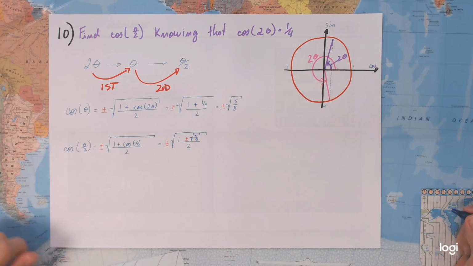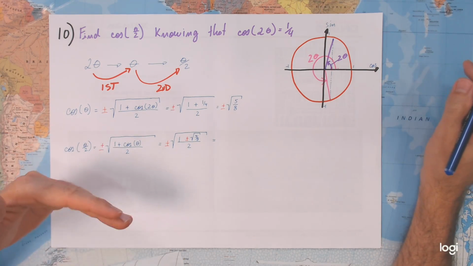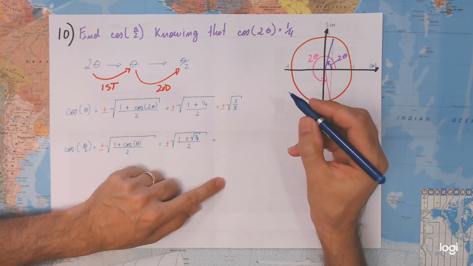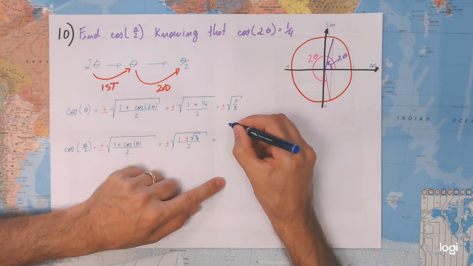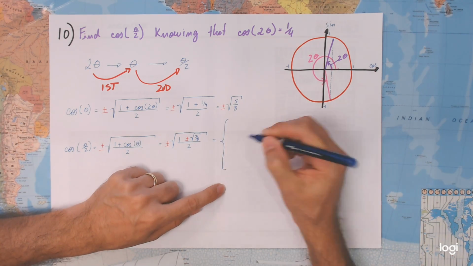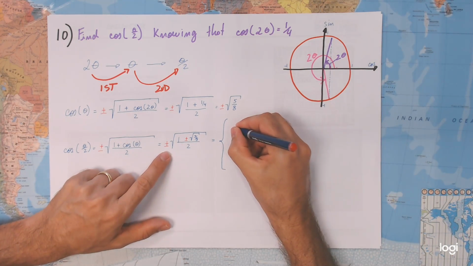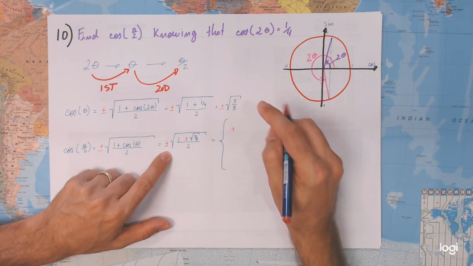Well, yes, we're going to get 4 answers from this. And we have to analyze each one of them. Let's see. The first one is going to be a plus square root.